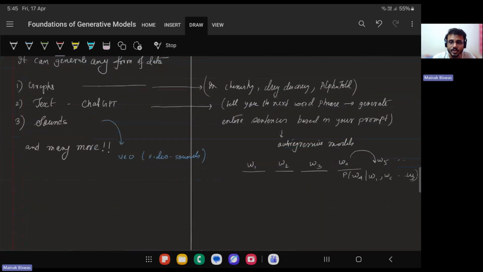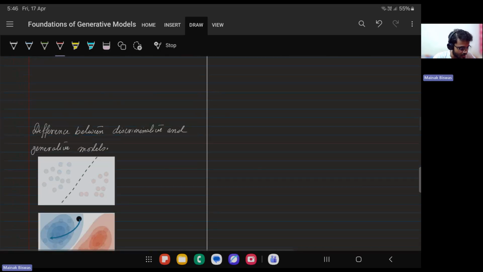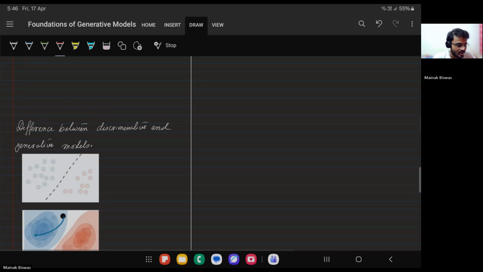So to get into those, we will have to build one stone at a time, and we'll be starting off from the basics, revising what were discriminative models and what are generative models.